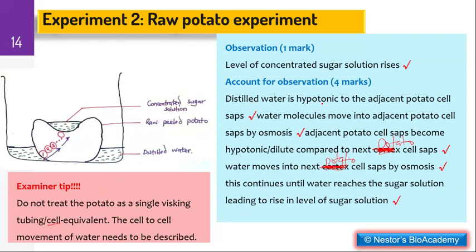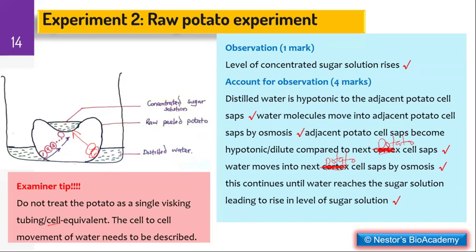Distilled water will always be hypotonic to the adjacent potato cells. So because of that, we expect the water to move to the adjacent potato cells by osmosis. But then remember, we have a sequence of cells heading all the way to this end. So once the water molecules move into the adjacent potato cells, this will mean the potato cell here would be hypotonic or dilute compared to the next potato cell.